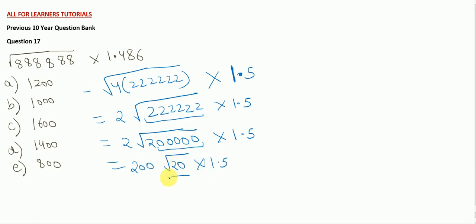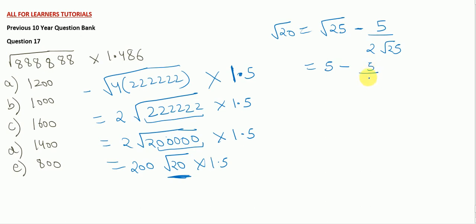Now you have to just calculate the under root 20. Apply the square root trick. Under root 20 is what? Under root 25 minus, take the difference, 25 minus 20 is what? 5 upon 2 into under root 25, which is 5 minus 5 upon 2 into 5, is 10, it's half.